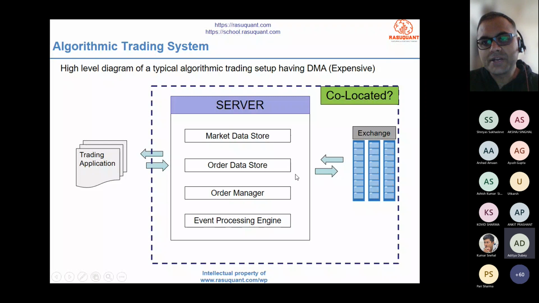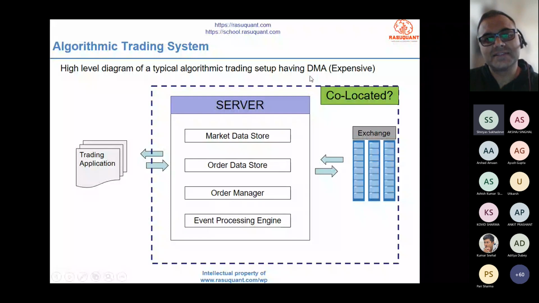In algorithmic trading, you are trying to cut out the middleman and directly communicate with the exchange. For that, you will have to have a server because you want to get rid of the broker. But to interact with the exchange, you need to have something called DMA, or direct market access. And this direct market access is very expensive.